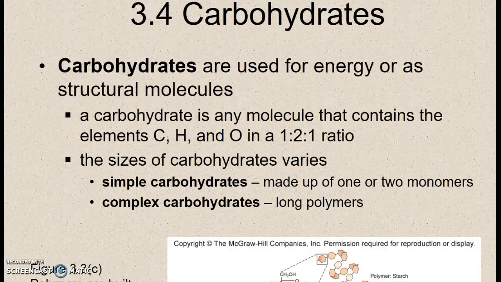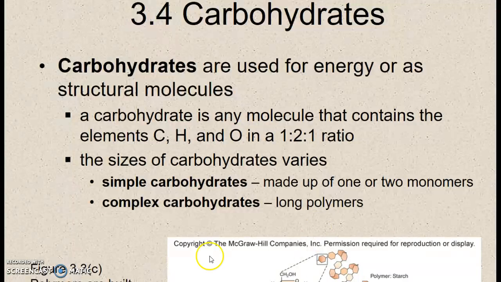Okay, so moving on to the next class. This is the third one in the list, carbohydrates. The carbohydrates are used for energy storage and as structural molecules. So that's the function that you're looking for with carbohydrates.